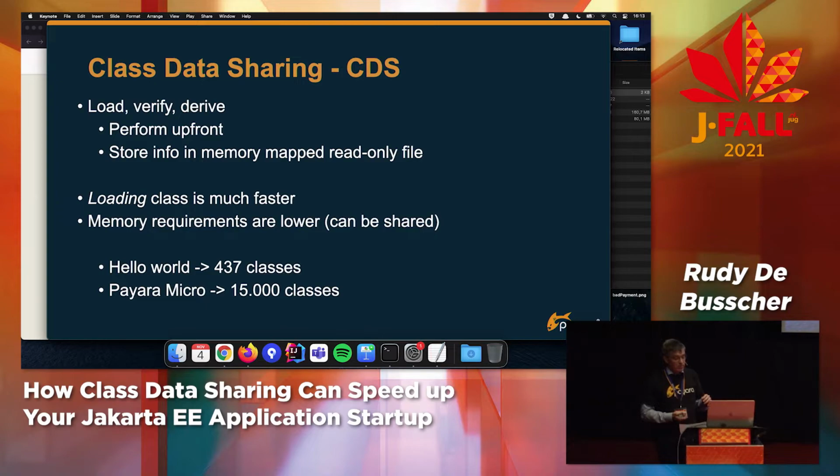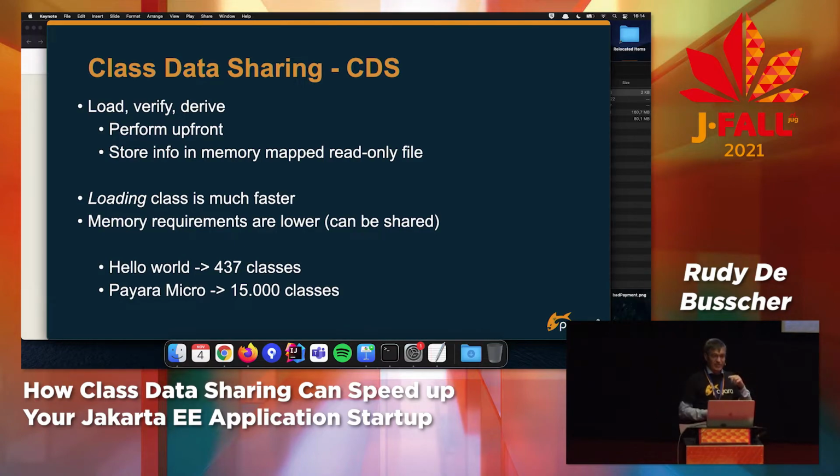And is it then real? You will see later on the actual percentage, but if you have an X percentage faster startup, is it then important? If you check out the typical hello world example, public static void main method, system out print line hello world, that uses around 437 classes in the JVM.